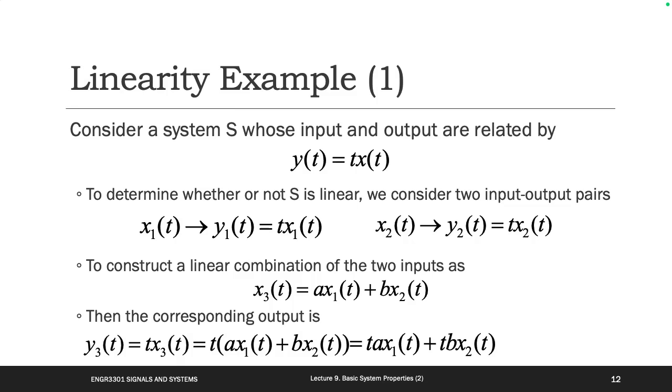Actually, I think this one is not difficult to tell. Oh yeah, equal, am I right? So this system is absolutely a y1(t) plus b y2(t). So it is a linear system. Okay, it's linear.